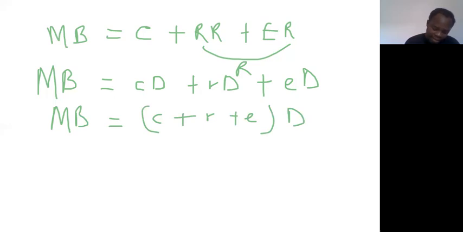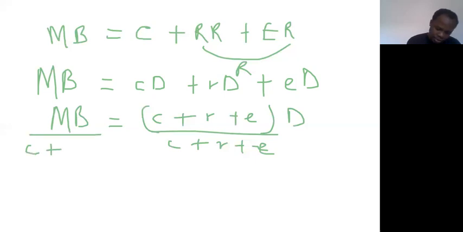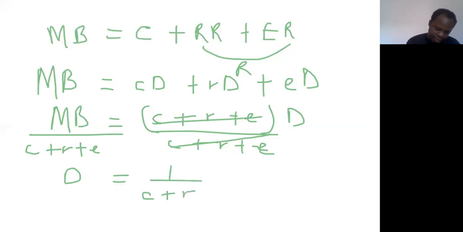So I will divide both sides by c plus R plus E. So this cancels this. Then I'll have my deposit is equal to 1 over c plus R plus E multiplied by the monetary base. Okay.